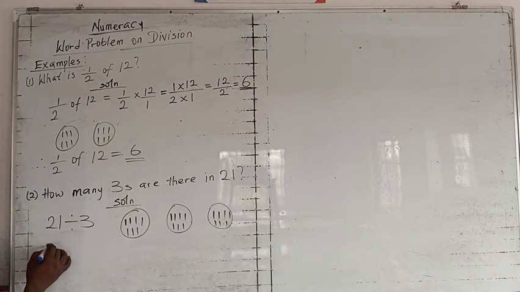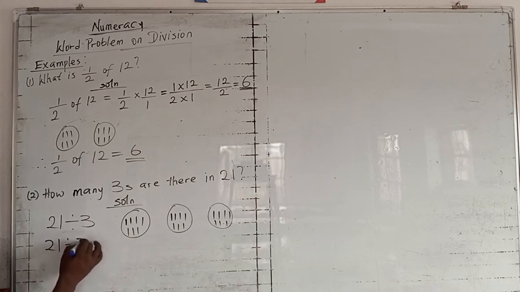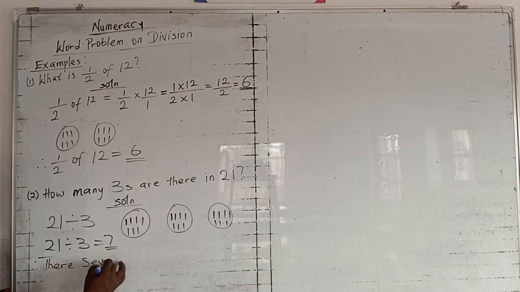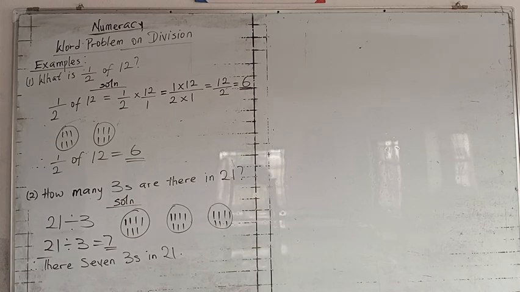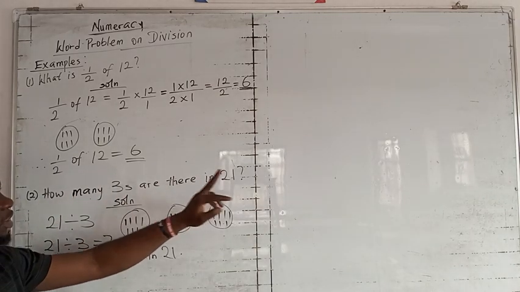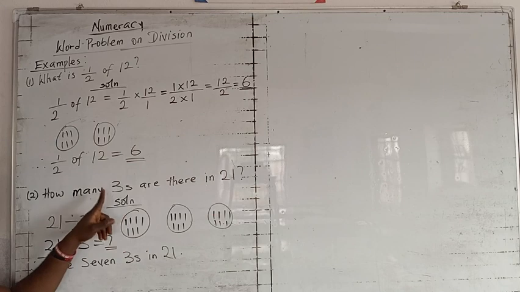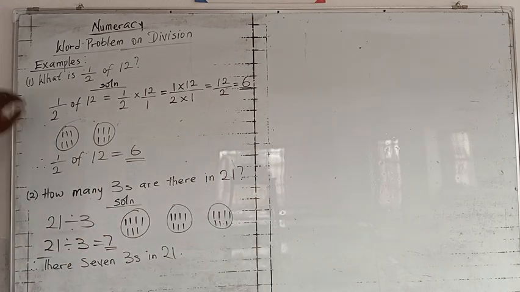We can now say that 21 divided by 3 equals 7. Therefore, there are 7 threes in 21. So whenever the question says how many threes are there in a number, divide that number by whatever the question says and find your answer.